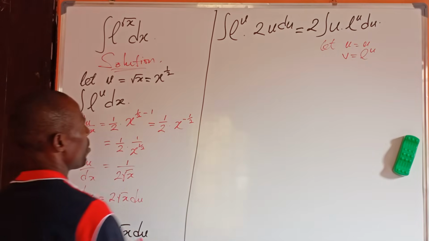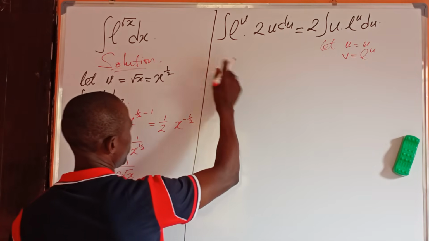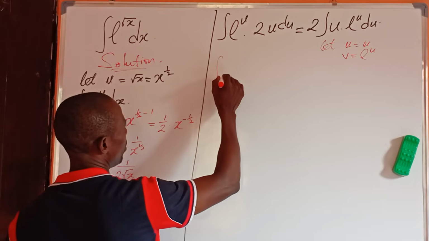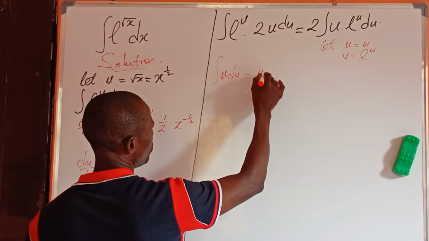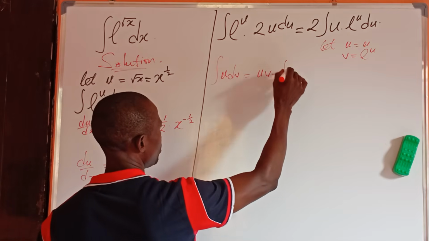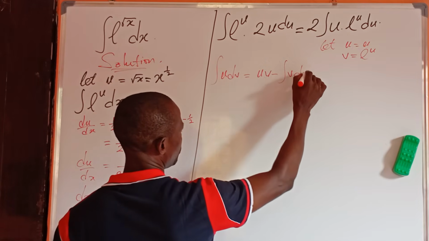We recall that the integral of u dv is equal to uv minus the integral of v du.